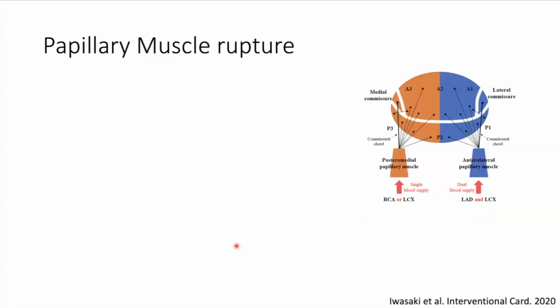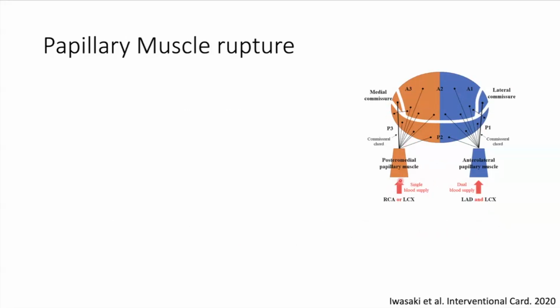So we'll start off with papillary muscle ruptures, and it's worthwhile to just go over a bit about the anatomy of the mitral valve. It's a complex structure that involves the mitral valve leaflets and the subvalvular apparatus. The mitral valve leaflets are divided into three, as shown here, and they are connected by cords to the papillary muscles.